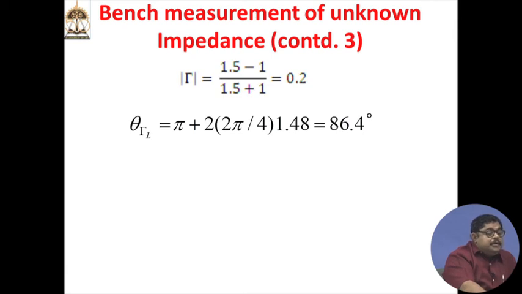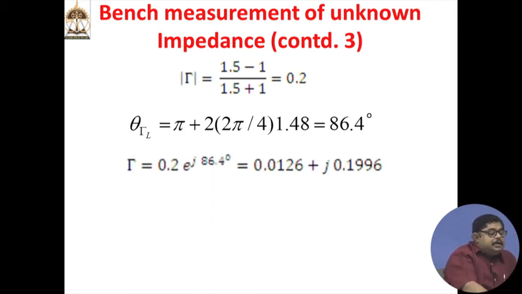Then theta you can find out, because beta is 2 pi by lambda. We have been given the frequency, from that you can find lambda, and we have seen that the shift is 1.48 centimeter. So angle-wise it will come as 86.4 degrees. Then gamma will be gamma magnitude into e to the power j 86.4 degrees. If you convert to rectangular form, it will be like this. So you have got gamma.